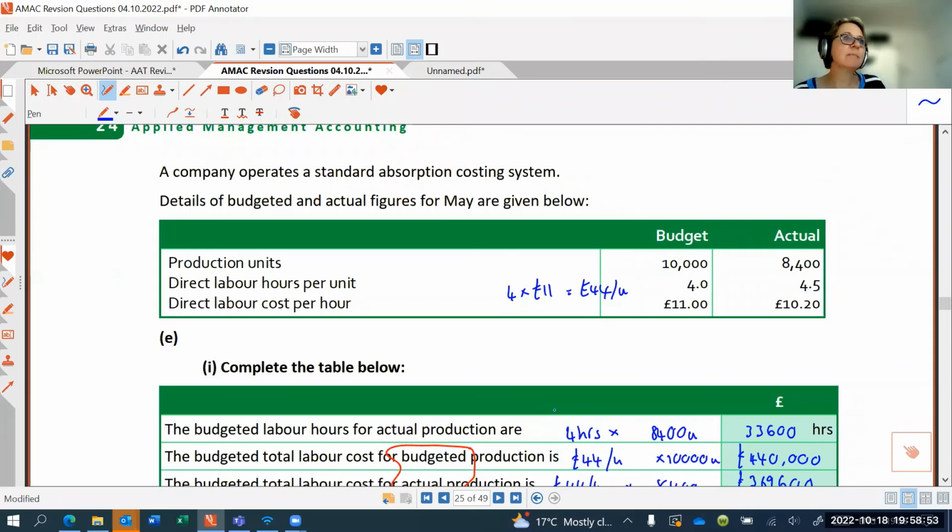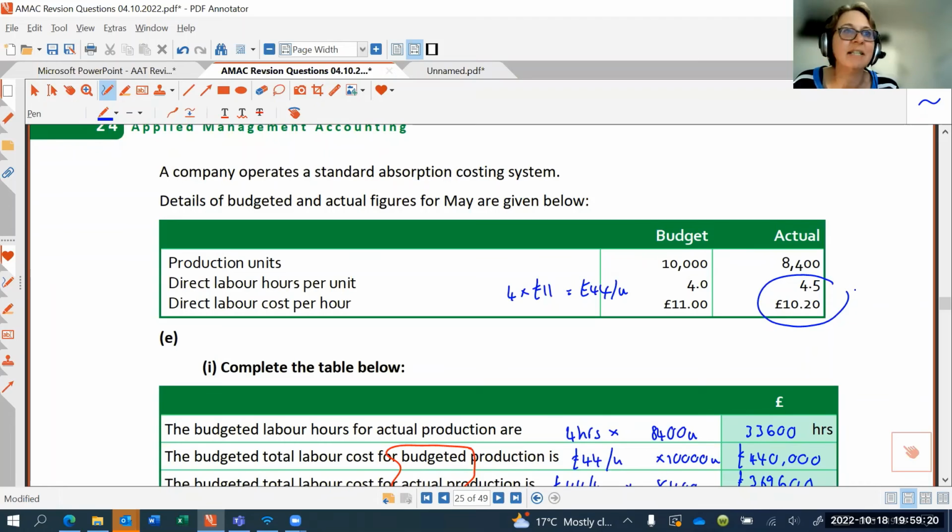Actual cost of one unit. £10.20 is the actual cost of 1 hour. And then that's it. Madeline got it right there. Actual cost of 1 hour, but it takes us 4.5 hours.